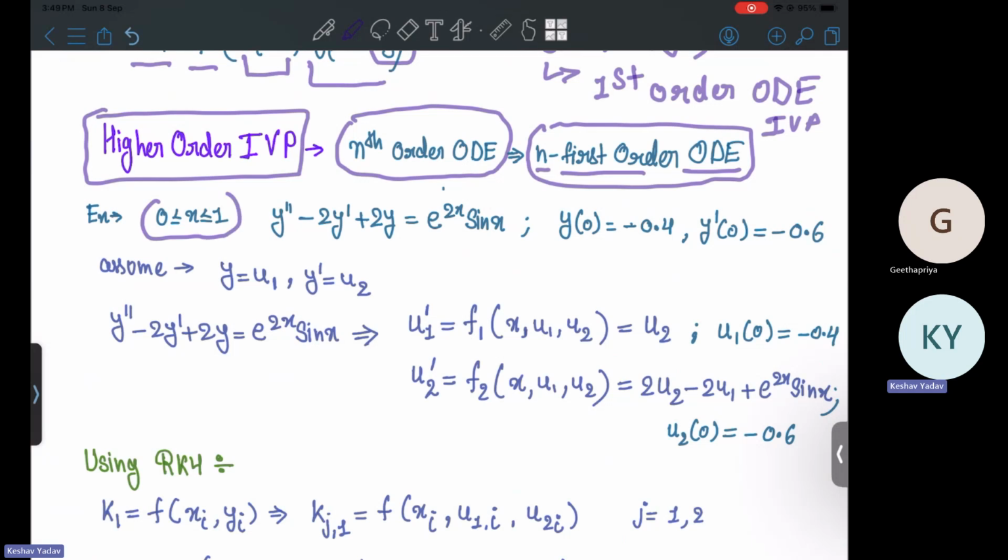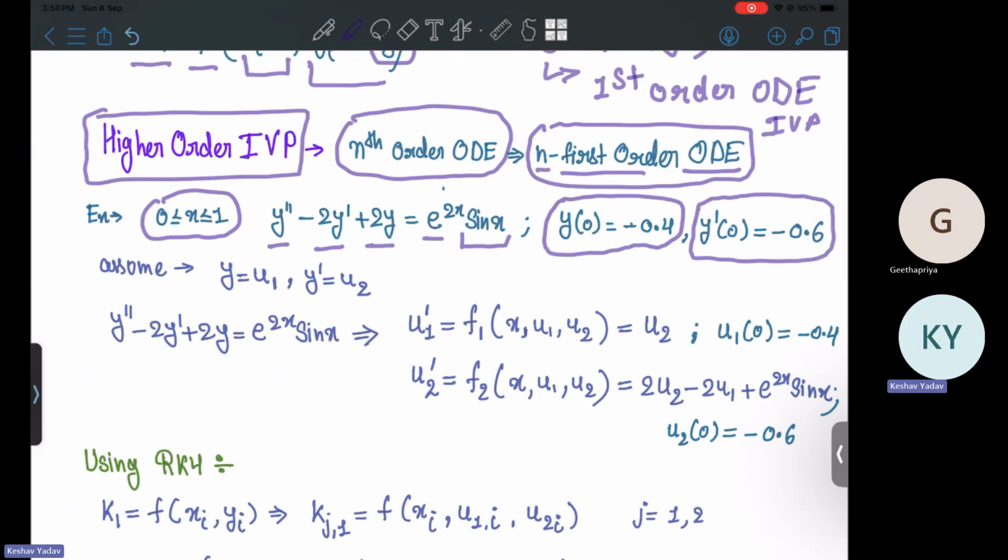We want to solve in domain x equal to 0 to 1. In this domain, we want to solve this differential equation y double prime minus 2y prime plus 2y equal to e to the power 2x multiplied by sin x. We have initial condition y at x equal to 0 is minus 0.4 and y prime at x equal to 0 is minus 0.6.